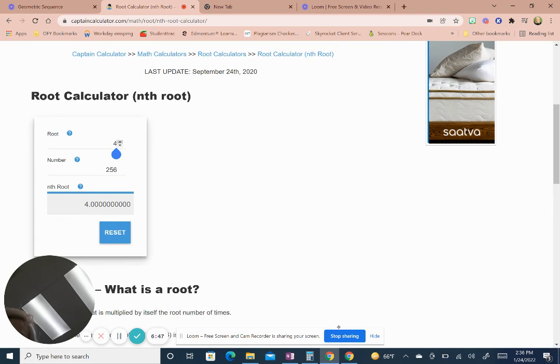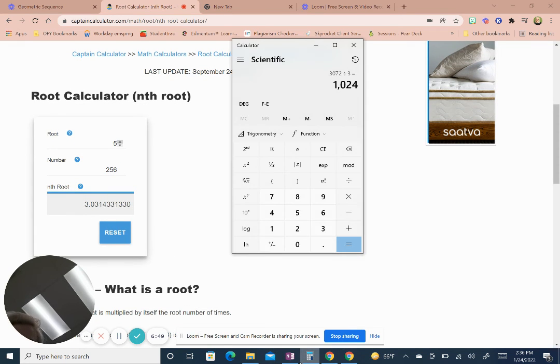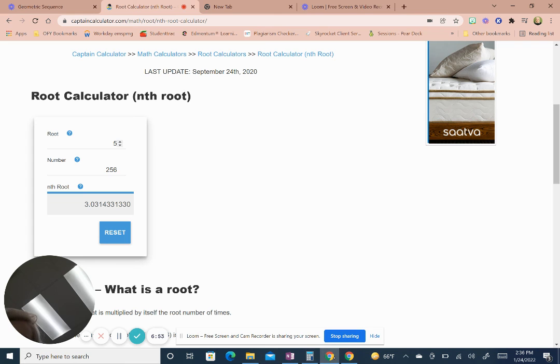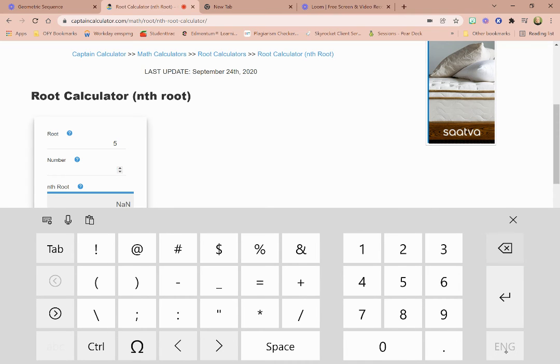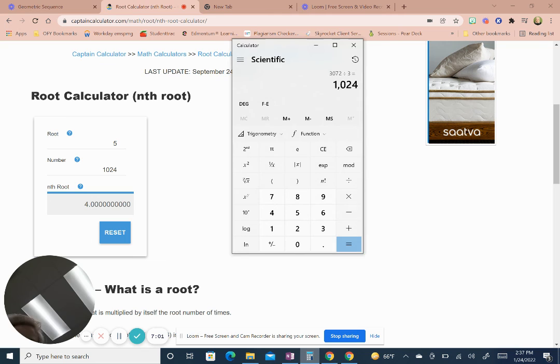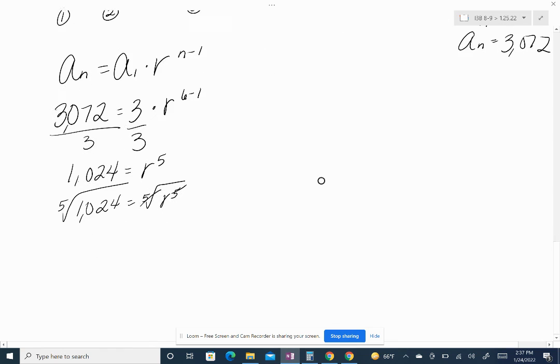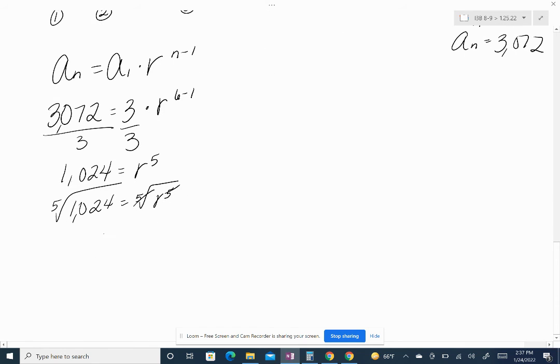So it's going to be the fifth root of 1024. And that gives me 4. Like I said, it's an odd number, so we don't have to worry about the negative, because if it was a negative, it would pop up as a negative. So r is equal to 4.